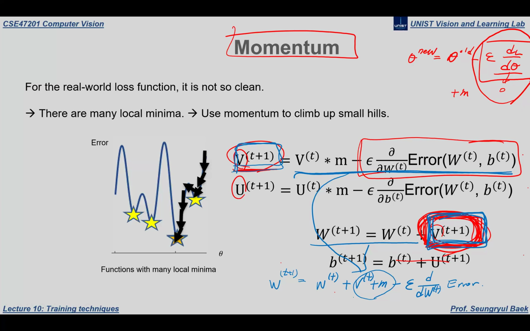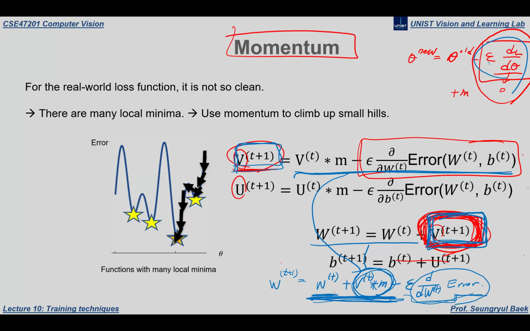And we can interpret this as the multiplied term becoming the new parameter, and adding this part here. Are you guys following this? We are somehow adding this momentum to the parameter first and adding this gradient term later.